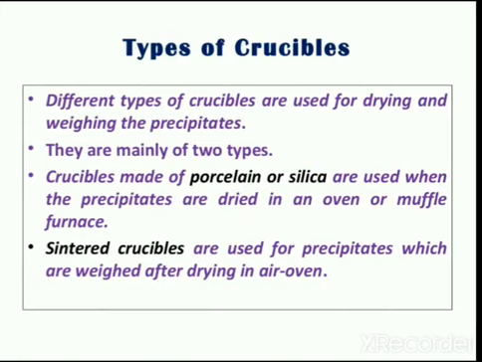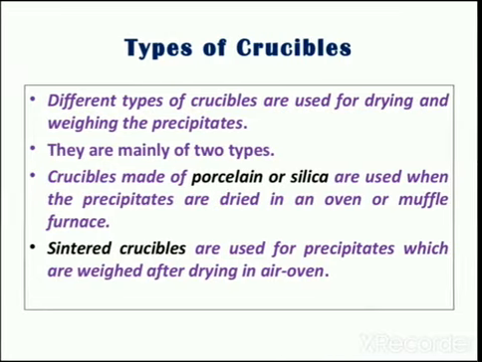Then the types of crucible. While doing gravimetric analysis, we use different types of crucibles. They are mainly two types: silica crucible and sintered crucible. Crucibles made of porcelain or silica are used when the precipitate is dried in an oven or the muffle furnace.